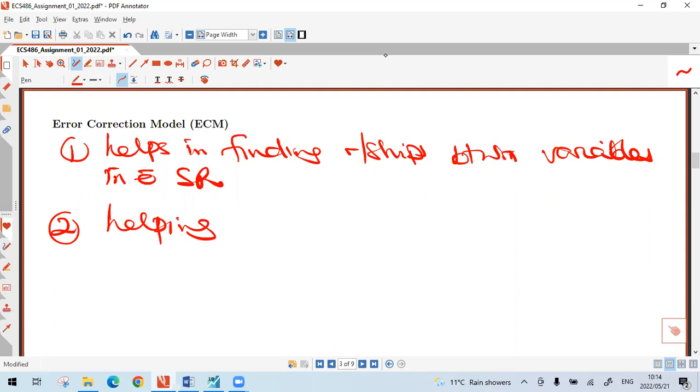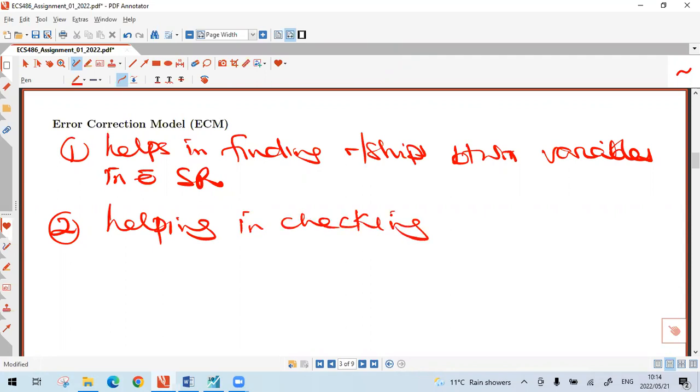And the other reason why ECM is important, we're saying it helps in checking whether the model is capable to adjust to its long run equilibrium. Helping in checking what? Let me just write it. You'll get these notes when I'm done.